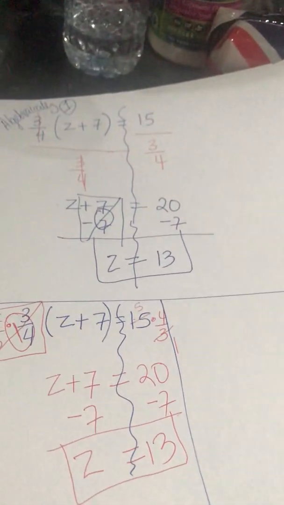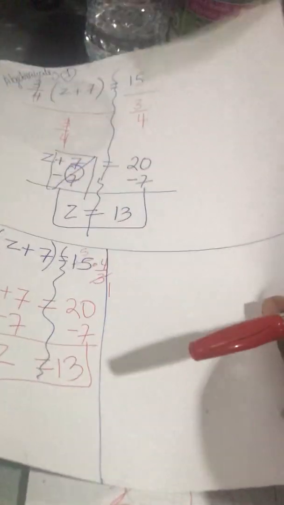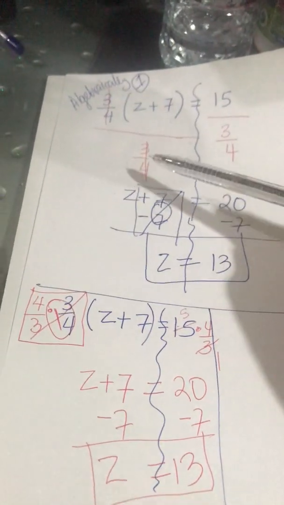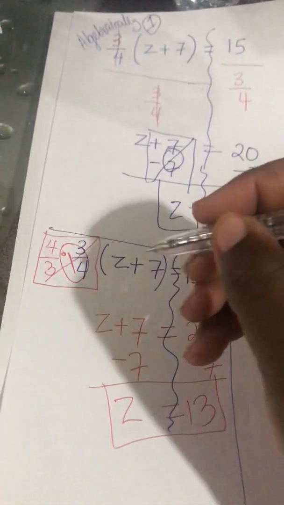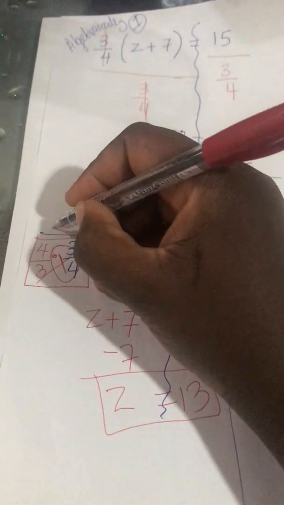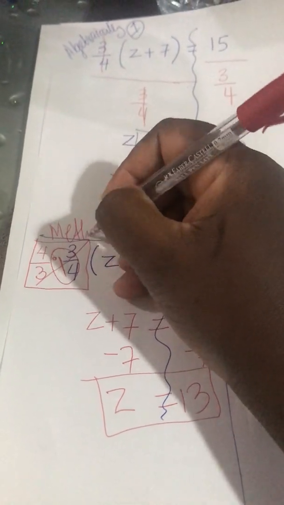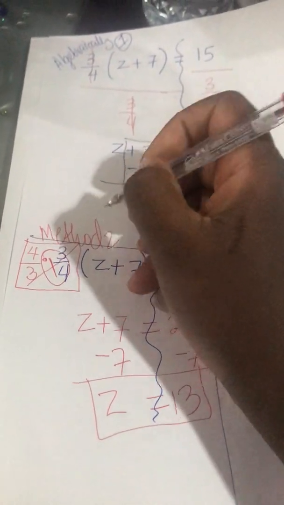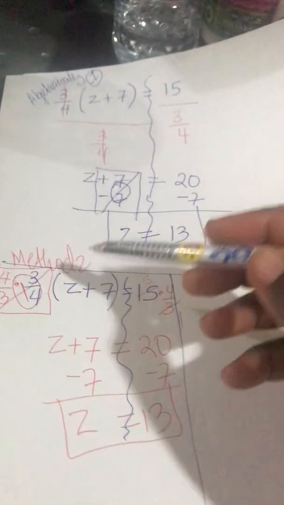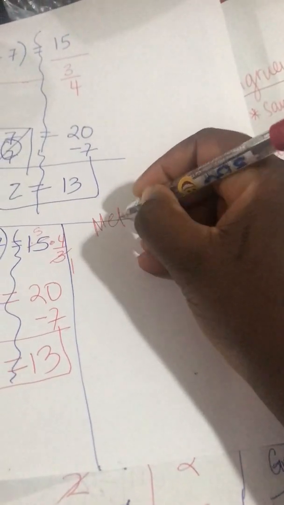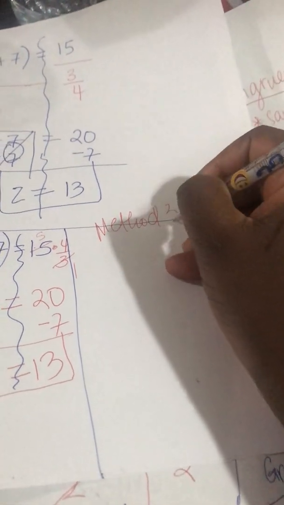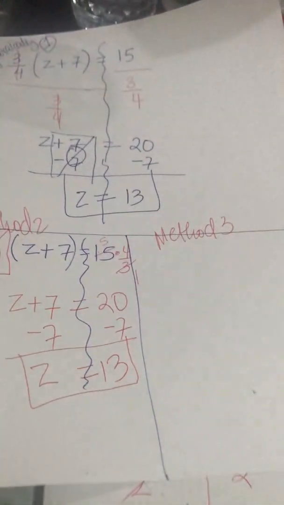I will do the check only one time because I'm showing you ways of doing the same thing. So this is method 2. We did method 1 here, we did method 2 here, and we're going to do method 3 here. Method 3 will use the distributive property.